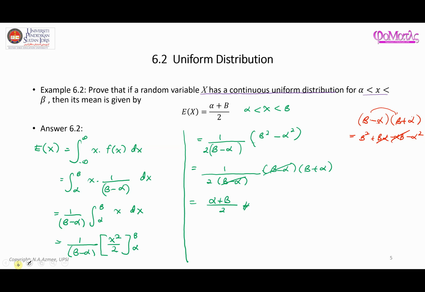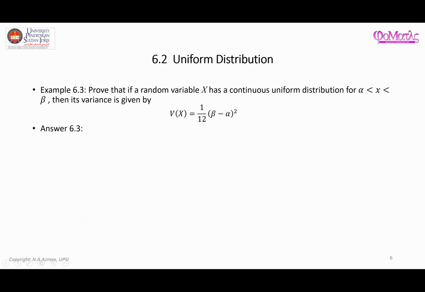Now we are moving on to proving the variance of x. Okay, so for this one, we're going to start off by knowing that variance of x is equal to the expected value of x squared minus E(x), and you square it.